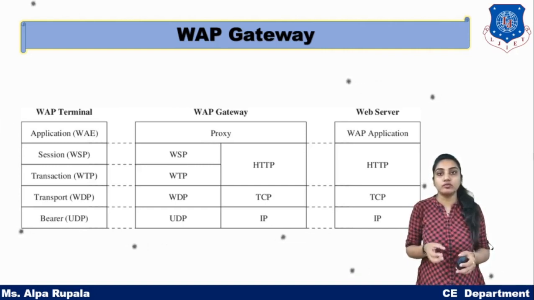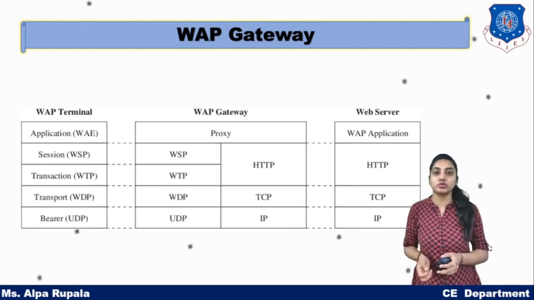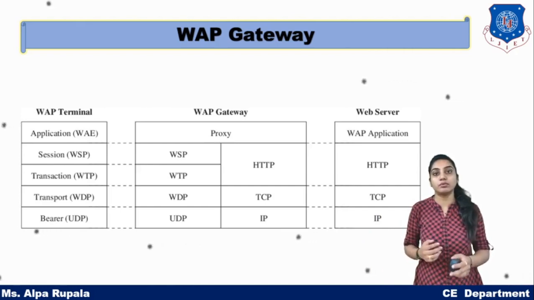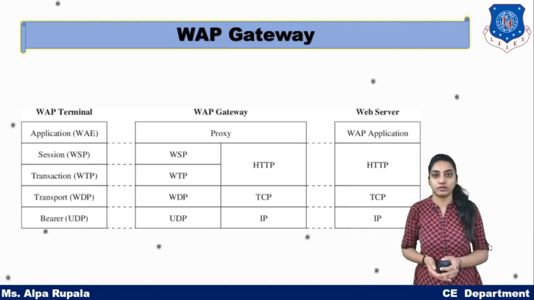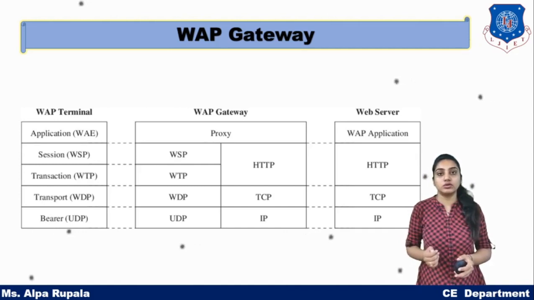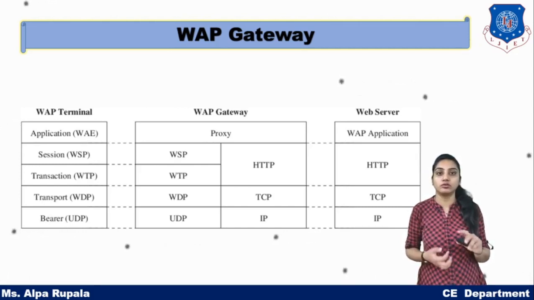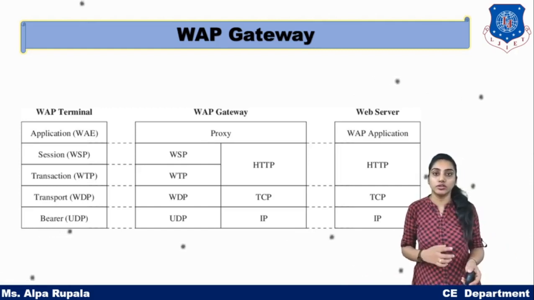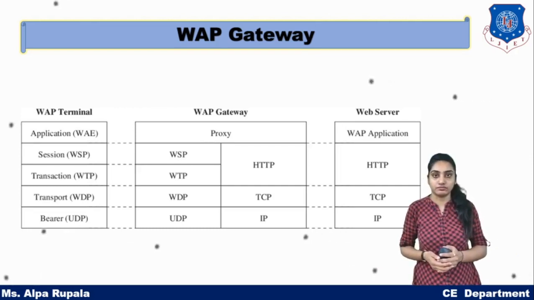Now that binary code will be transmitted by your web protocol stack and directly given to your web browser. It is the task of the web browser to convert the binary code into the required format, or into the website. Obviously we have seen that whenever we go to a browser, sometimes you see m.xyz.com. This is according to the mobile end.